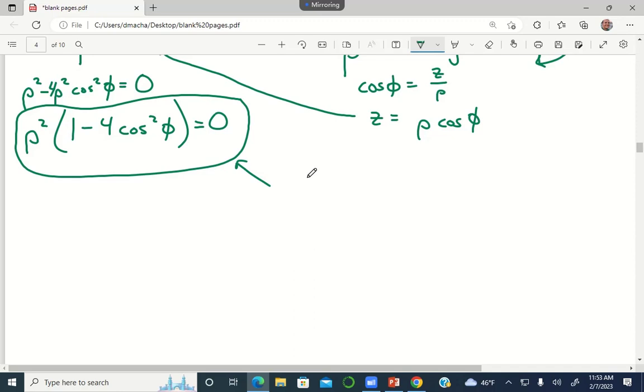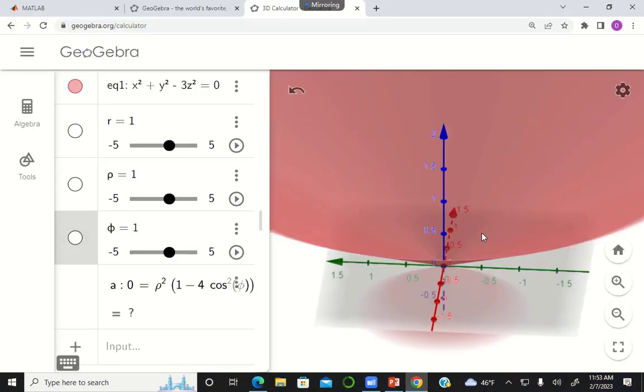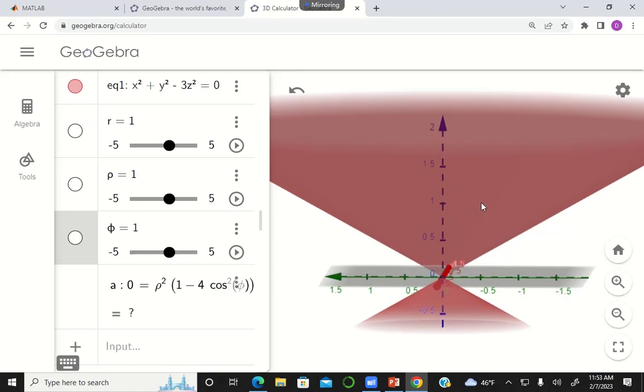So phi is some constant, which means the angle away from the z-axis has to be constant. In that case, if this expression in parentheses is 0, then rho is free to be whatever it wants. Imagine the angle phi from the z-axis is constant and rho is a free variable. That would give you a cone. And so just logically, that seems to make sense, that you would get the surface of a cone.